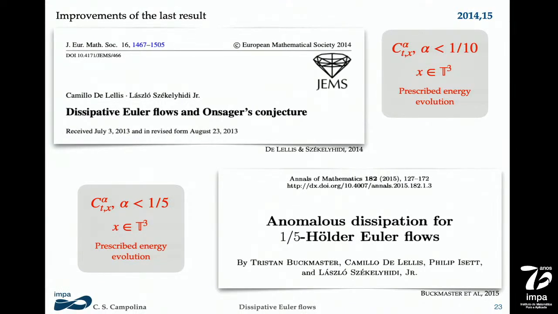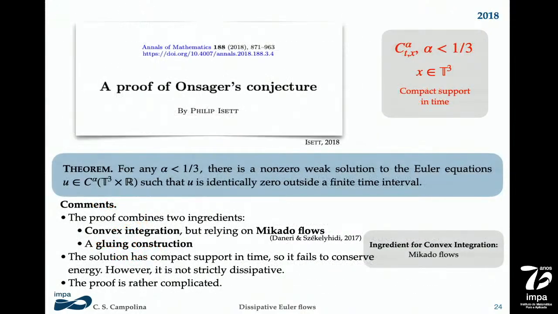Okay. And finally, we have, in 2018, this paper by Isett, who was the author of the last paper, the Hölder one with 1/5. He published this paper with the title A Proof of Onsager's Conjecture. So indeed, it is a construction in the required regularity.